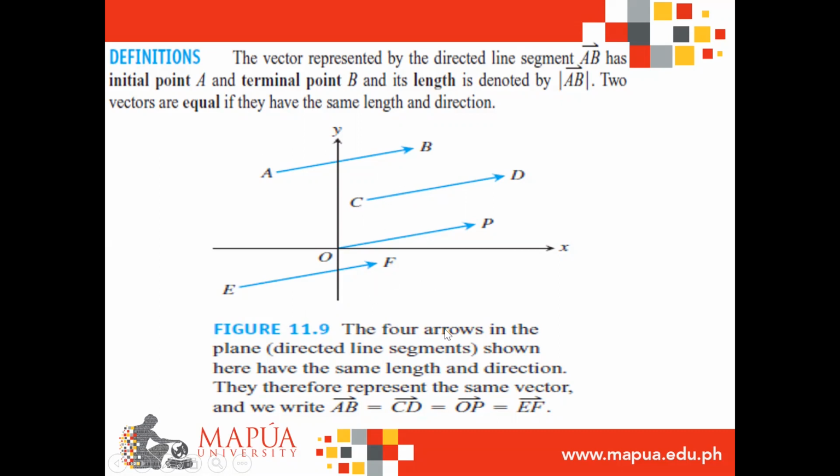So the four arrows in the plane, which are known as directed line segments, have the same length and direction, and they represent the same vector, and we write AB equals CD equals OP equals EF.